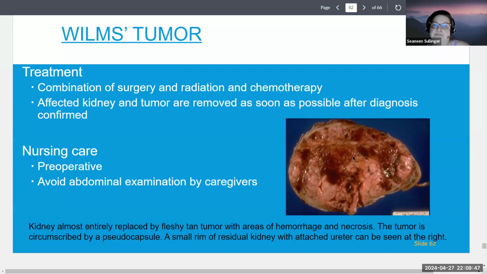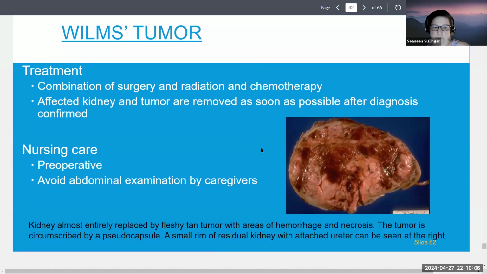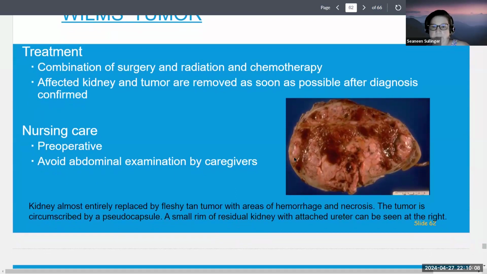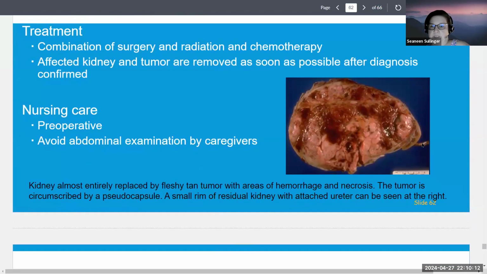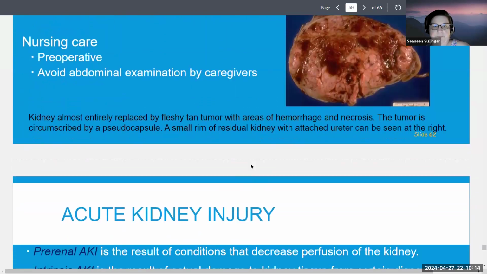If you are the nurse receiving a child that has a Wilms tumor, you don't want to be doing abdominal examinations or palpating around the abdomen, because it can hurt, and it can also potentially dislodge or break apart the tumor. So necrosis and blood. You can see the kidney and the ureter there.